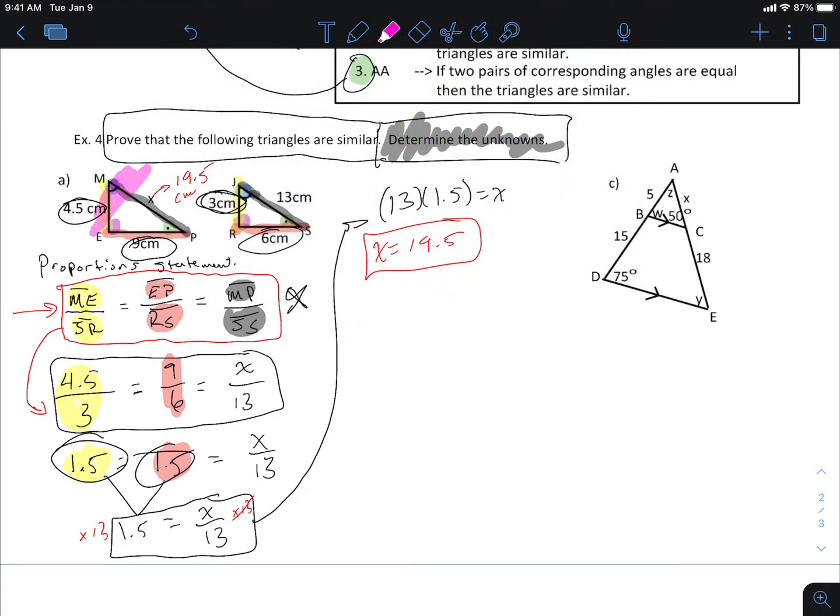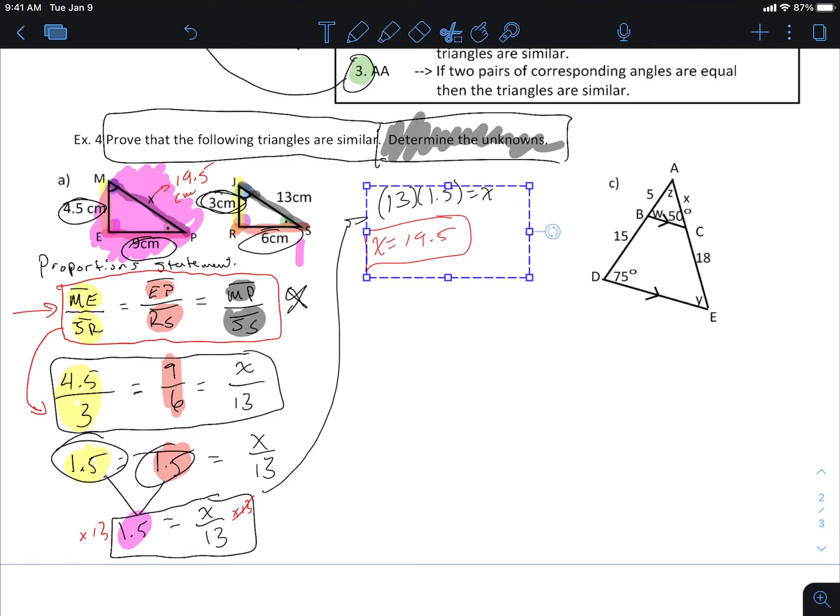This triangle is specifically 1.5 times bigger than this one. That's what it means. So we can use that notion to solve other things. But it all comes out of matching up side lengths. So if we go, I'm going to shrink this down here, save myself some space.